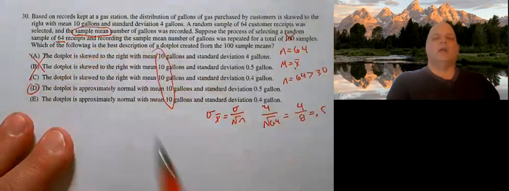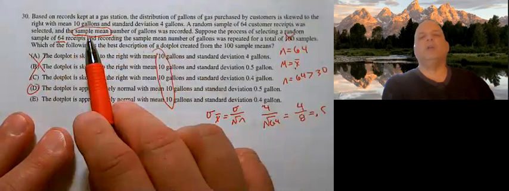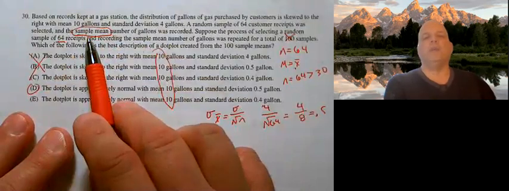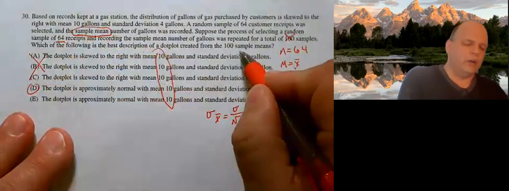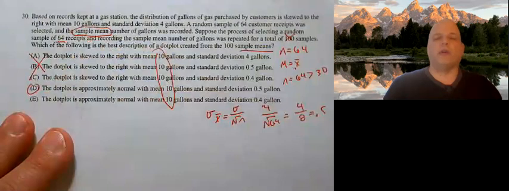Now, please be careful. They said the sample mean. So we know we're talking about the distribution of the sample means, and I also said it over here. The 100 gives us a vertical frequency. It has nothing to do with the actual distribution.